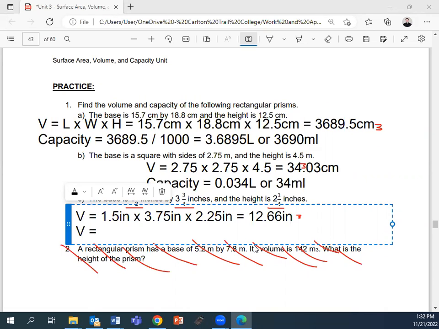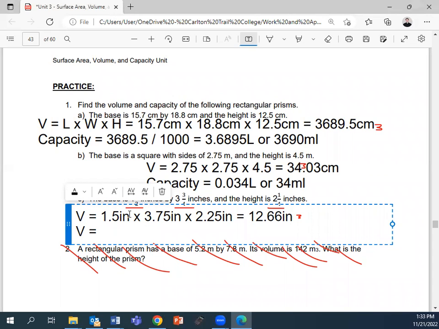We don't know how that works with inches. I'll get there. I'll show you why. Normally we just divide the answer by 1,000. Boom, we're done. We can't do that in this case, and I'll show you why in a second. What I actually need to do is turn each of these inches into centimeters.